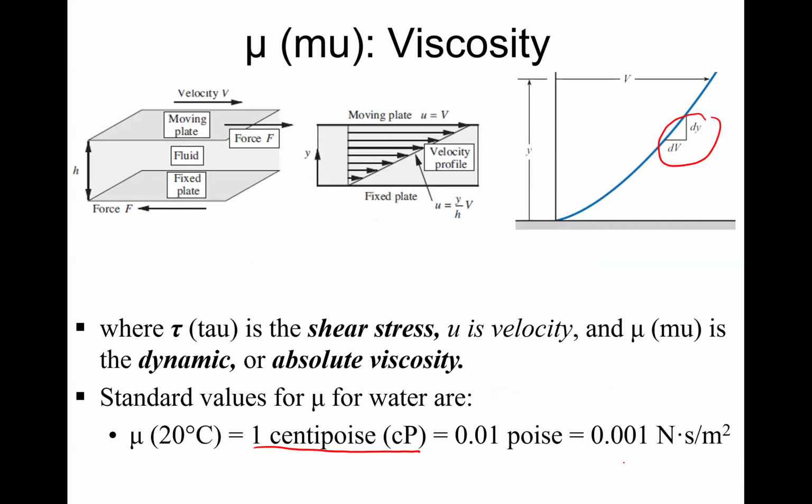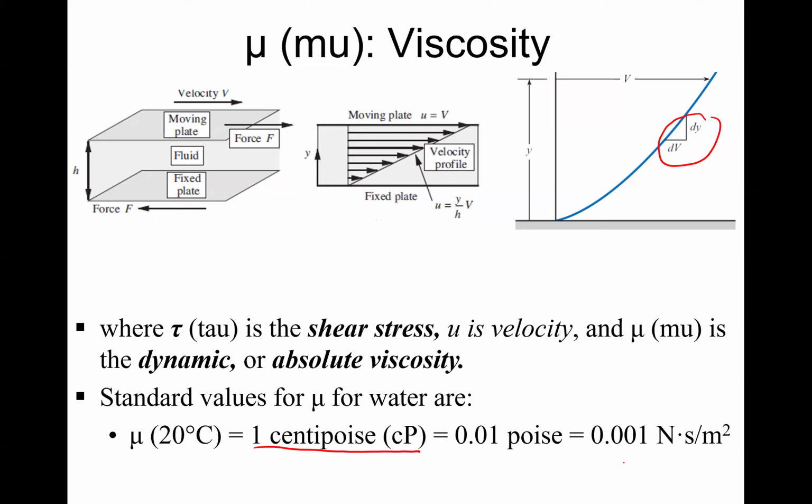Viscosity. The units of viscosity are typically centipoise, which are equal to 0.001 Newton second per meter squared. You probably understand well what a viscous fluid is versus a non-viscous fluid. You can think of molasses or oil as viscous fluids and air as a non-viscous fluid, and everything in between.